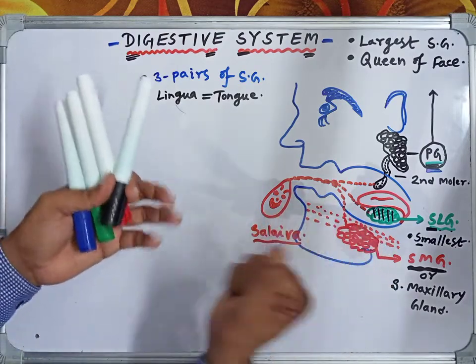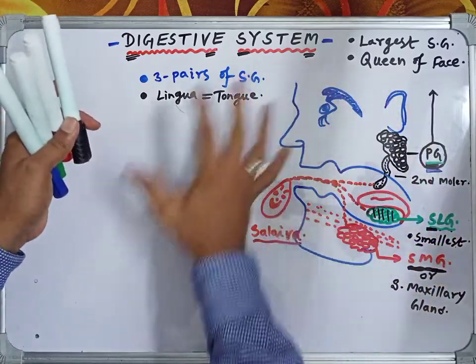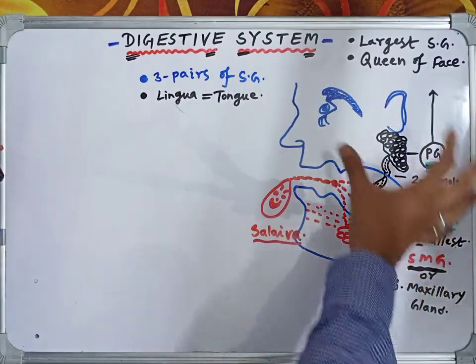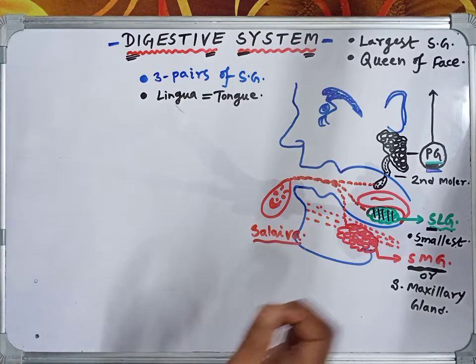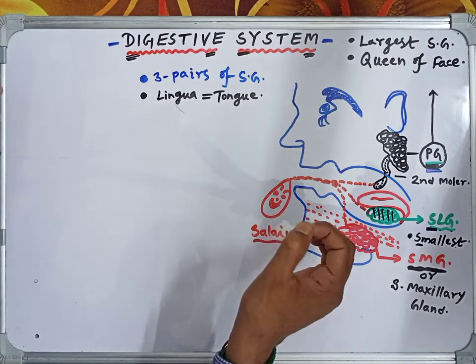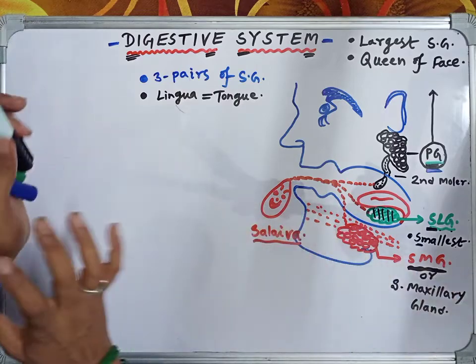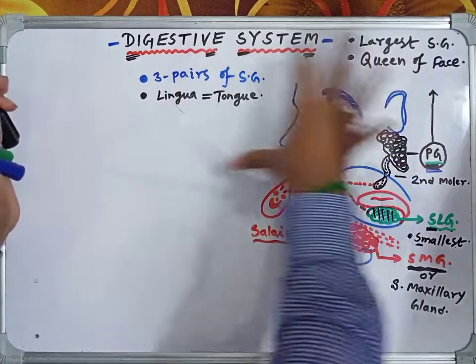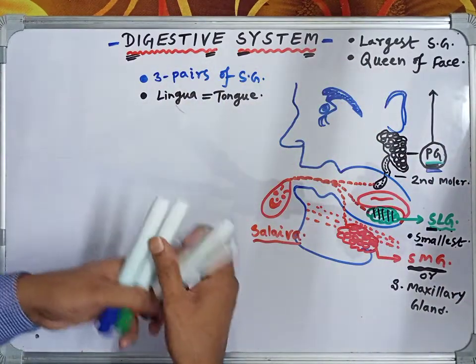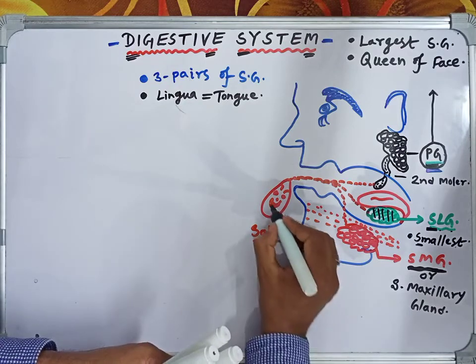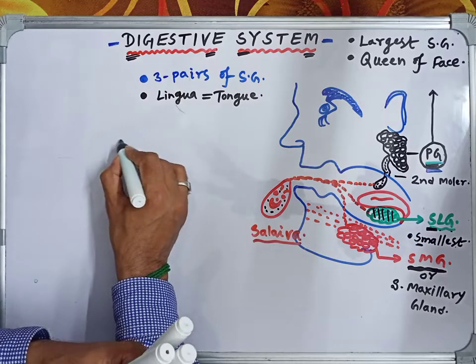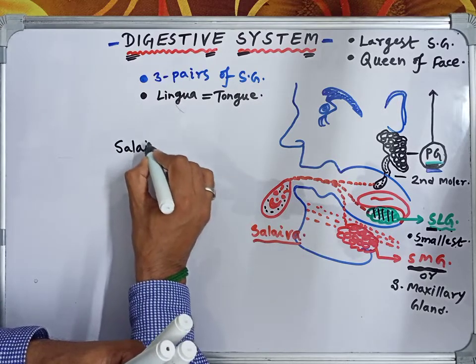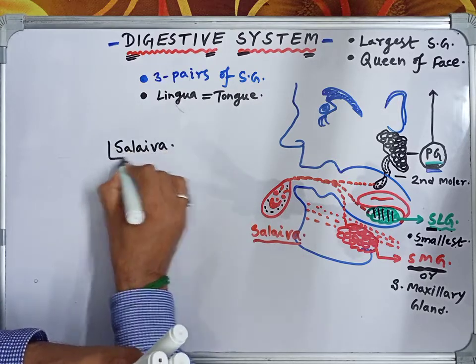What is the composition of saliva? Actually, lots of MCQs arise from this area for your competitive exams, so my students should have a crystal clear idea about all these MCQs, right?